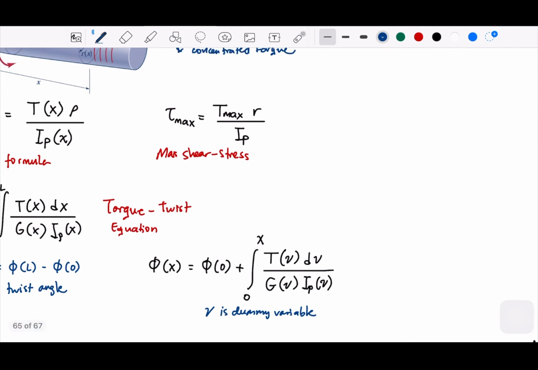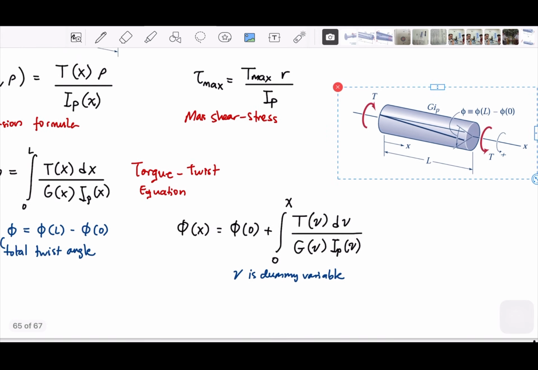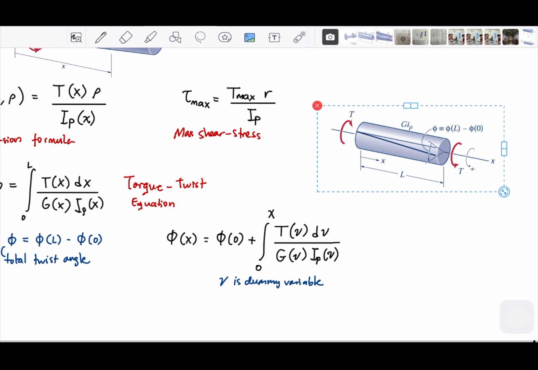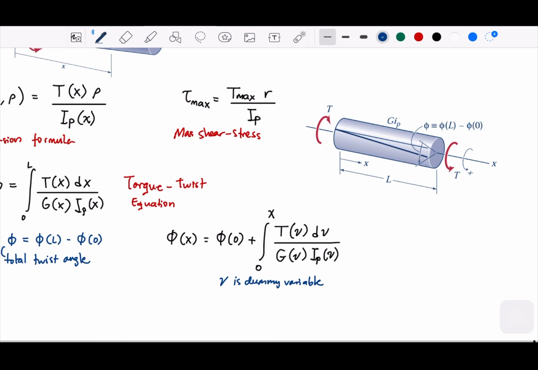Oh, here's the picture. And this is a typical uniform torsion member.